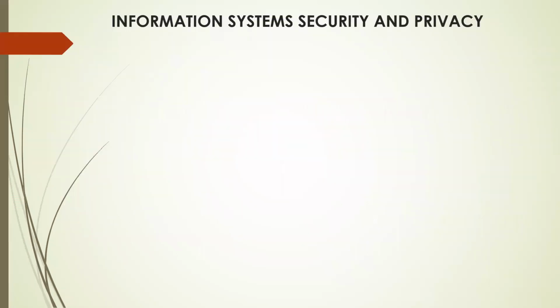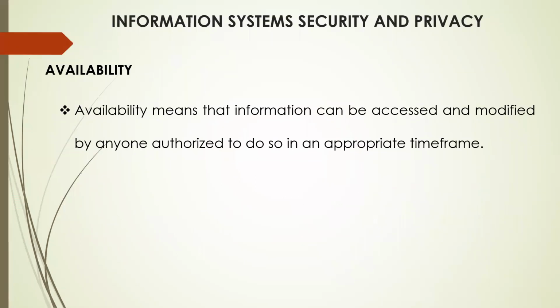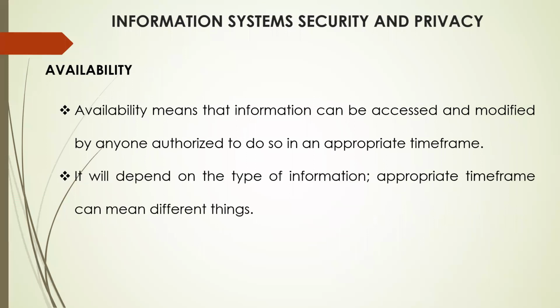Next is availability. So when we say availability, it means that information can be accessed and modified by anyone authorized to do so in an appropriate time frame. It will depend on the type of information. Appropriate time frame can mean different things.